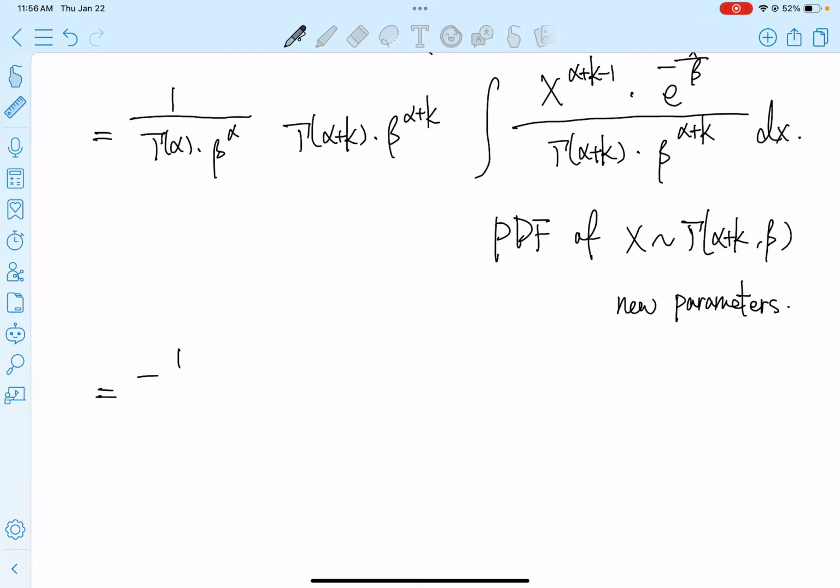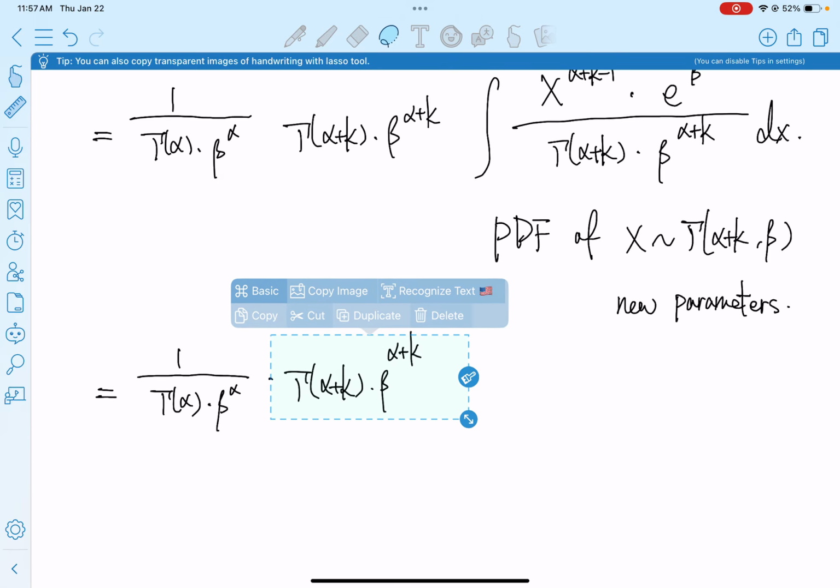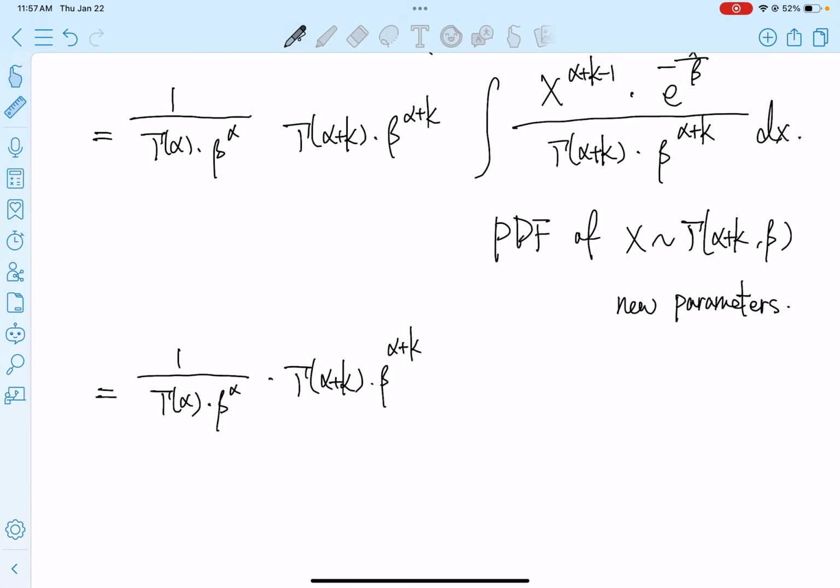We have 1 over gamma of alpha, beta to the alpha, multiplying by the numerator that we introduced, beta to the alpha plus k. But here, there's no need to evaluate the integral because everything is just equal to 1.